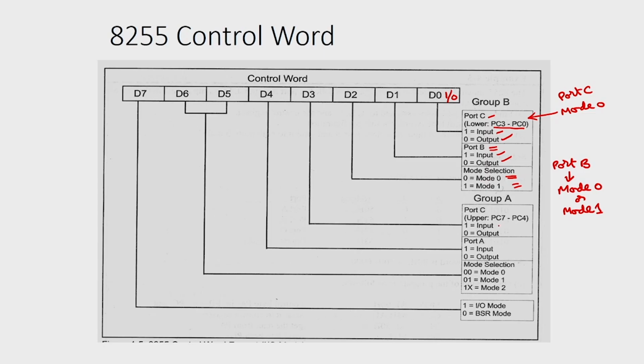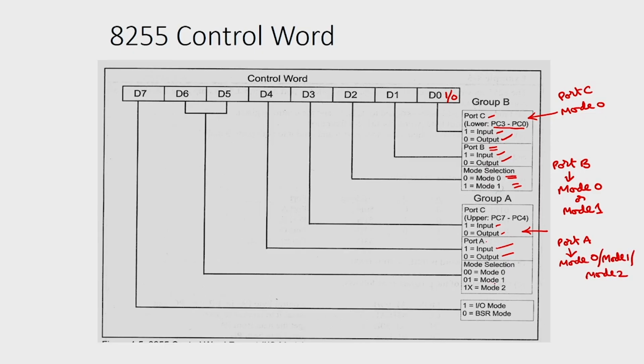Then coming to the group A signals, port C upper is by default mode 0, 1 means input, 0 means output. Port A, again we can program as either input port or output port by placing 1 or 0 into the corresponding bit position. But port A can operate in 3 modes: mode 0, mode 1 or mode 2.